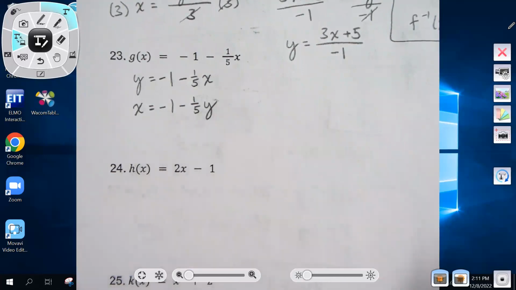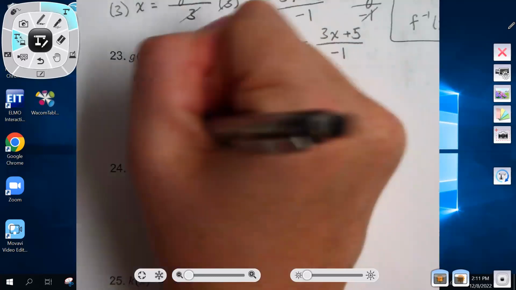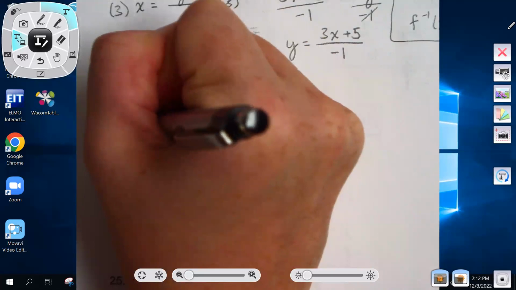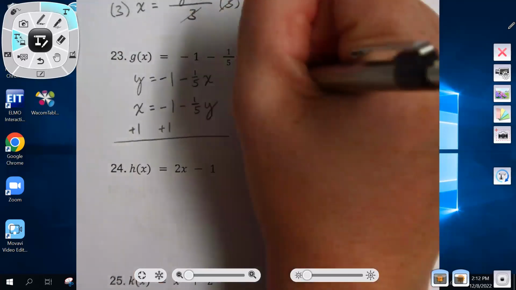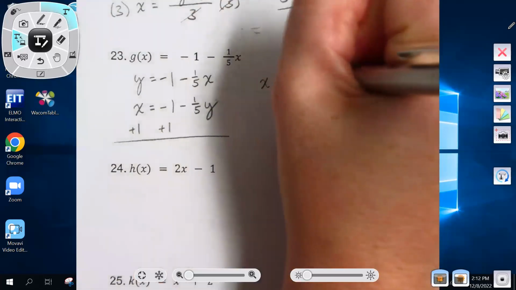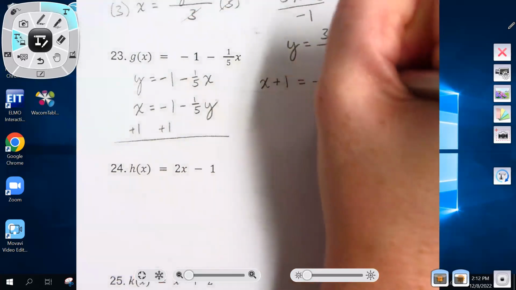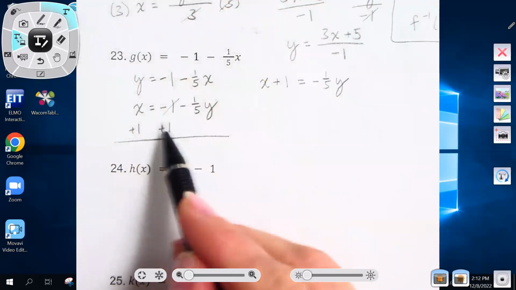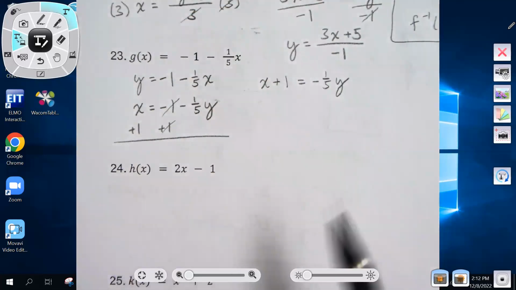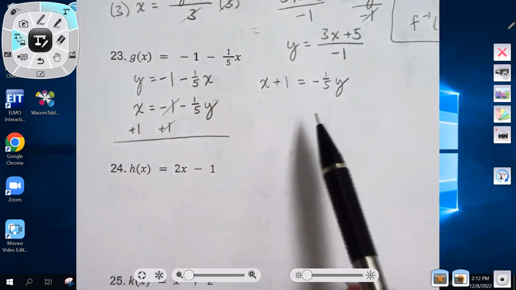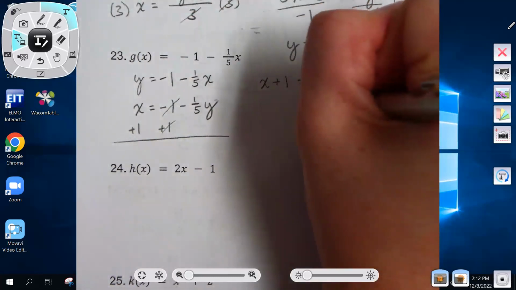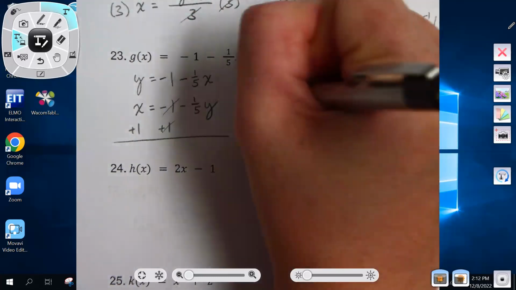As long as you're doing all the math correctly, you'll be fine. So I'm going to add 1 to both sides. So that gives me x plus 1 equals negative 1/5 y. Now to get y by itself, I'm going to divide both sides by negative 1/5.